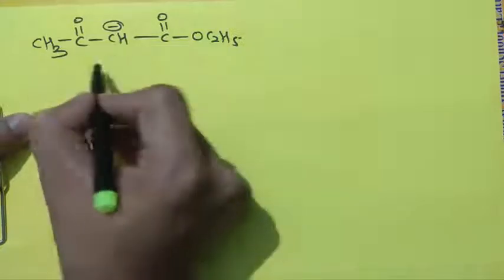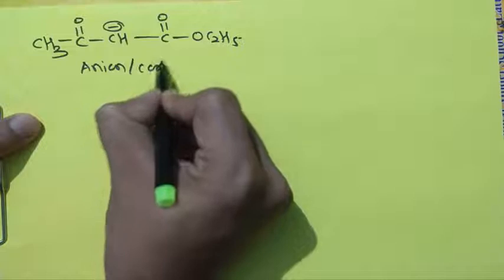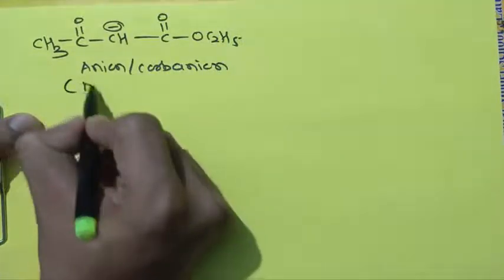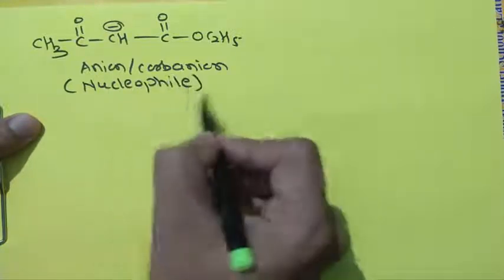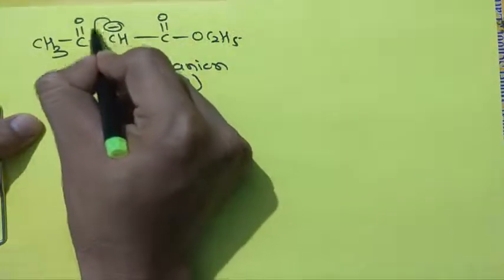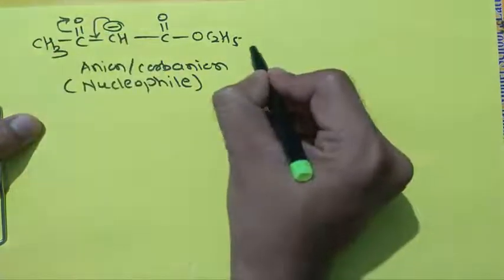See, this is the structure of the anion, or carbanion, which is nucleophilic in nature. This carbanion can be stabilized by resonance. Here the negative charge goes to this side and the negative charge comes on this side. What happens here?